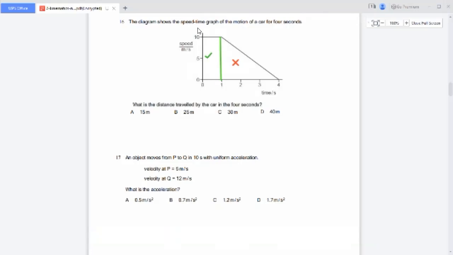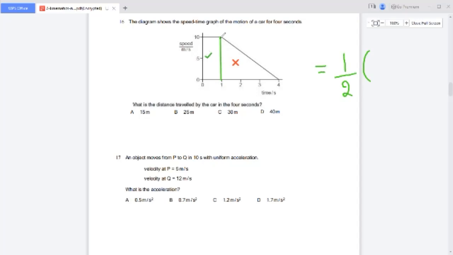If any one of you is interested in the split method, you can use it. For the trapezium, you know that the area under the graph is the distance traveled by the object. So for a trapezium, it is 1/2 times the sum of parallel sides.